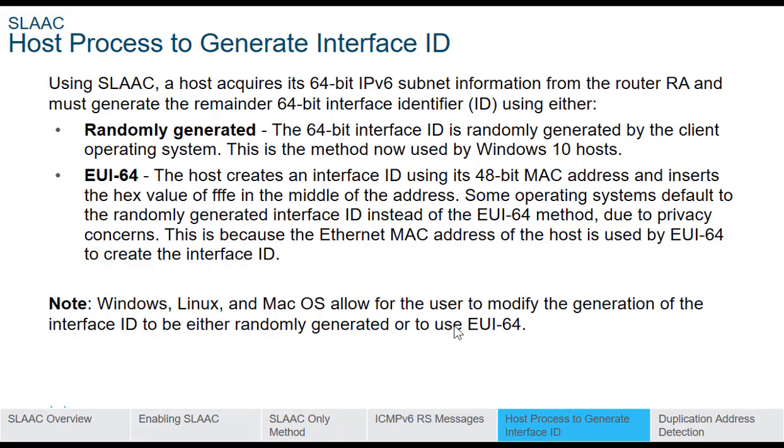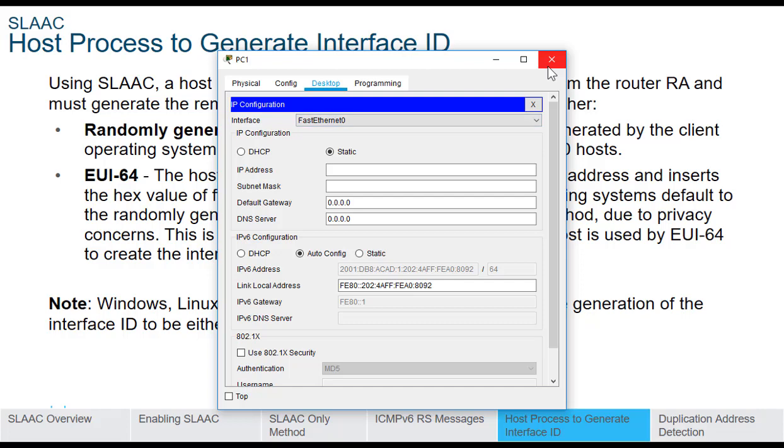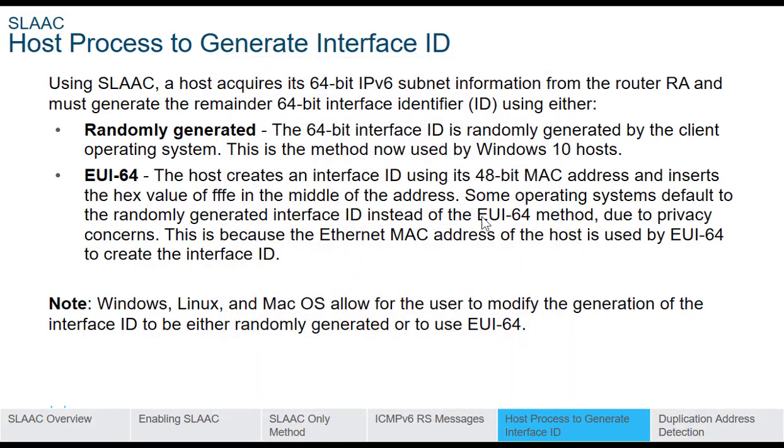It either randomly generates it or uses the EUI-64. So here we can see clearly in our network, let me close this, 2001 DB8 ACAD1. The rest of this, 202 4AFF and onwards up until 8092, that's randomly generated by the OS. Okay, so it used the EUI-64.